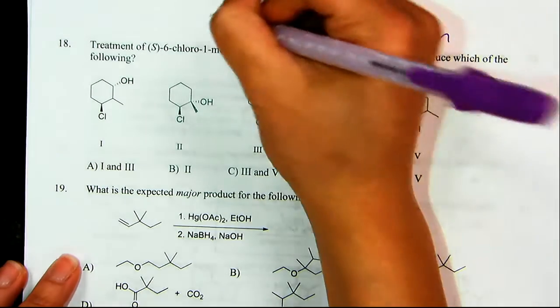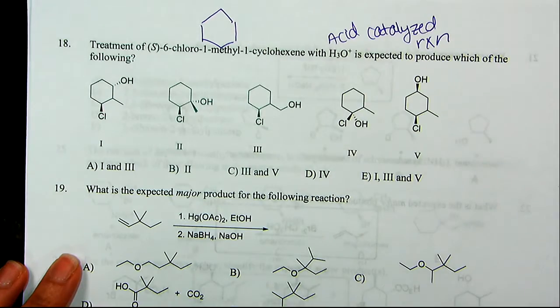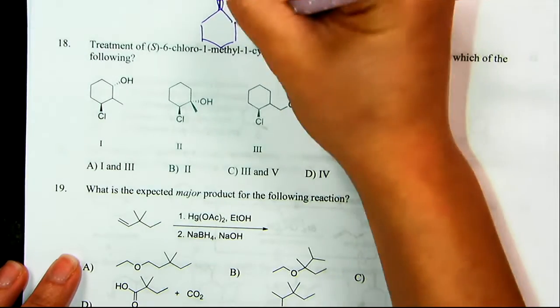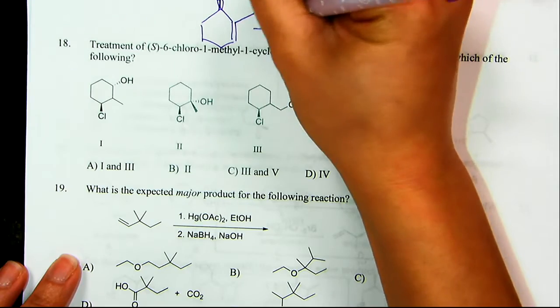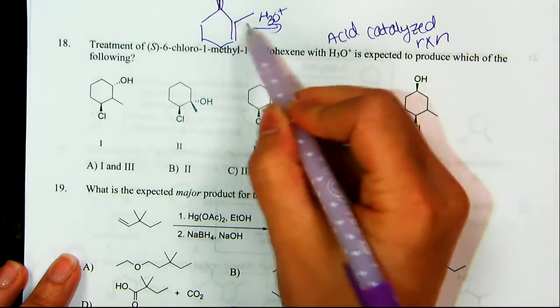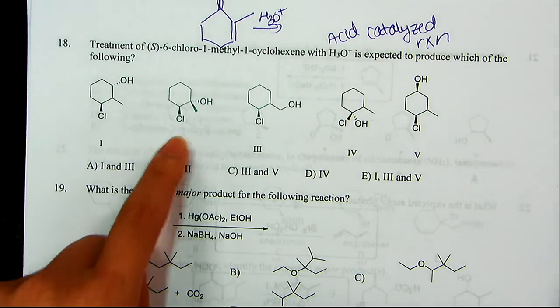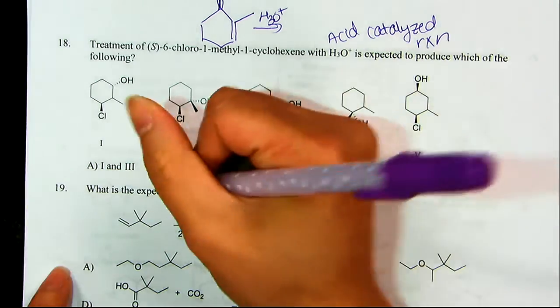So we draw our cyclohexane. Fluorine here, we have H3O plus, and that's going to form OH at that position right here. Leave our fluorine alone, so that's going to be 2. Yes, 2.